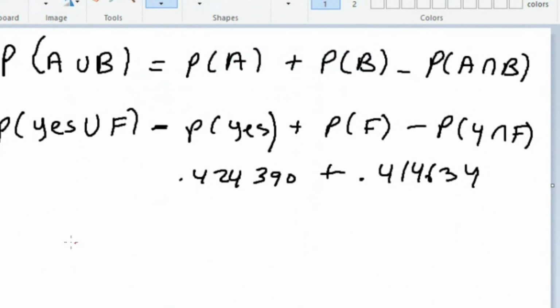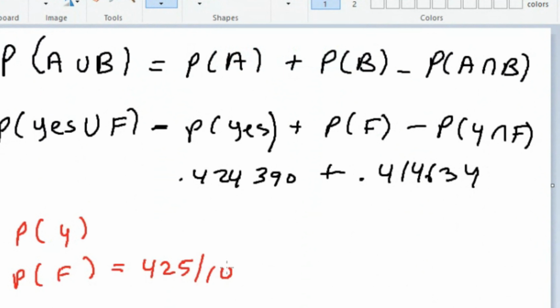And if you're doing the calculations in Excel, you don't have to worry about it since Excel will keep all the decimals for you. So no rounding errors with Excel. Let me write this out. The probability of yes and the probability of female. The probability of female is 425 divided by 1025. That's 0.414634.